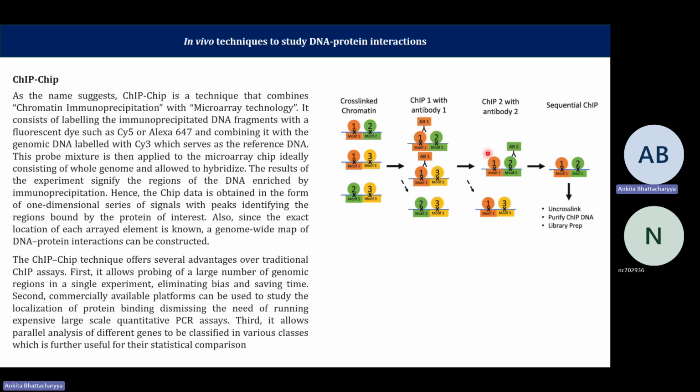Then you perform ChIP with antibody number 2, which gives you an idea of two proteins co-localizing on the same stretch or fragment of DNA. That gives you an idea that these two proteins are involved in some sort of transcriptional complex, and they are able to control similar physiological processes. Then you uncross-link and identify. So it gives you additional data regarding the same.